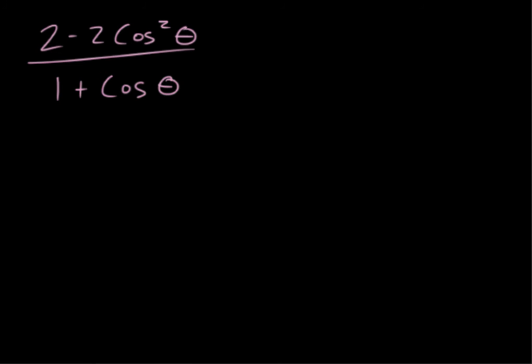Okay, now we're going to do 2 minus 2 cosine squared theta over 1 plus cosine theta. What we need to do is expand and factor, and this is kind of combining everything we've been doing on this video. So the top, we're going to factor out a 2, and that's 1 minus cosine squared theta.